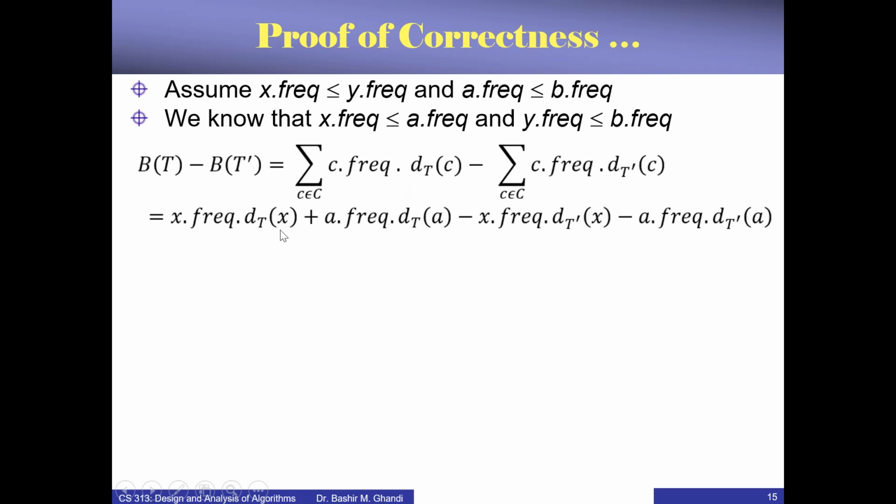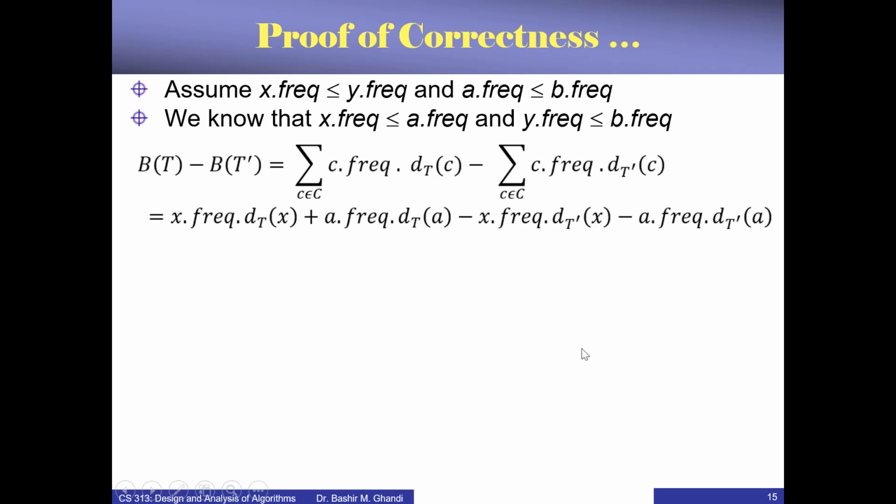So the difference is going to be the cost of x in the original tree, which is x.freq times its depth in the tree T, plus the cost of a in the original tree times its frequency, minus the new cost of x in the new tree, which will be the frequency of x times its depth in the new tree T', minus the cost of a in the new tree times its frequency.